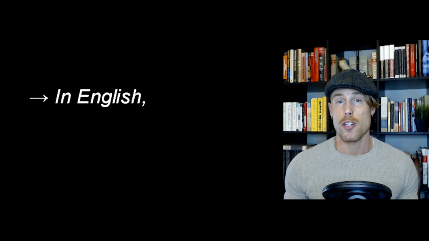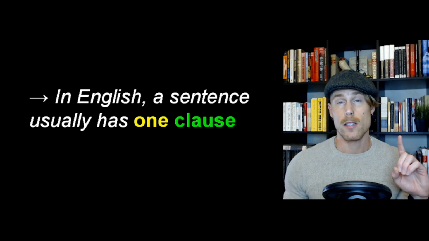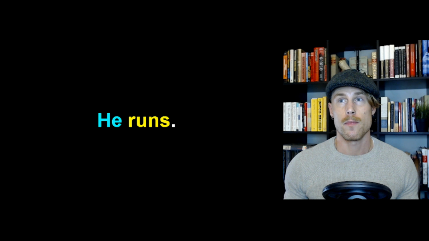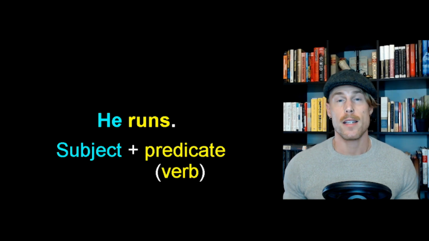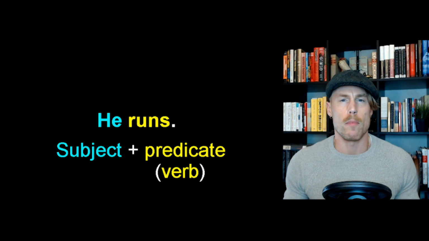In English, a sentence usually has one clause. A clause is a subject and a predicate. He runs. Subject and predicate. A predicate is a verb.